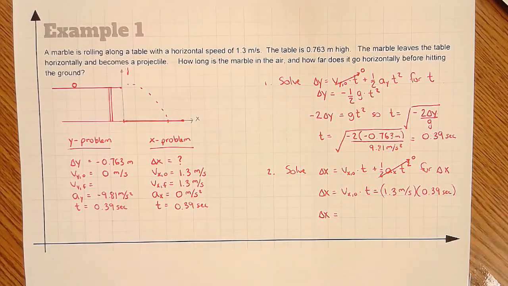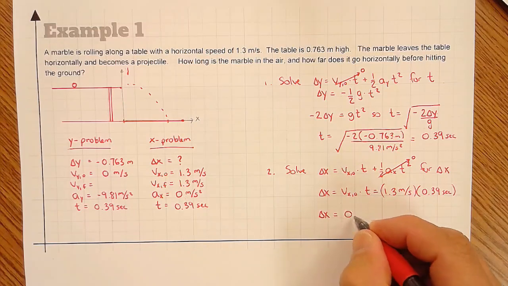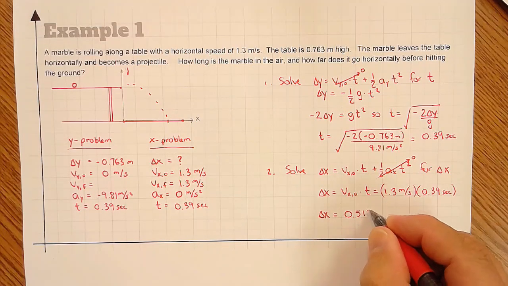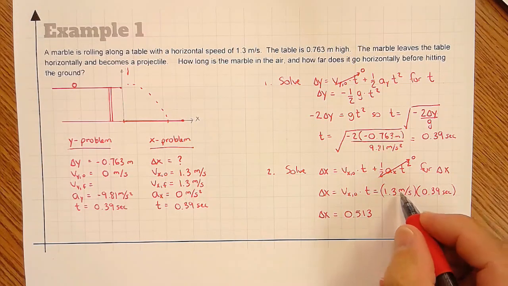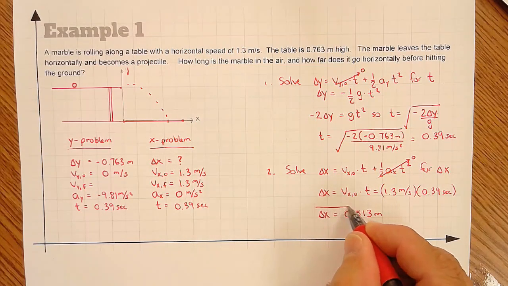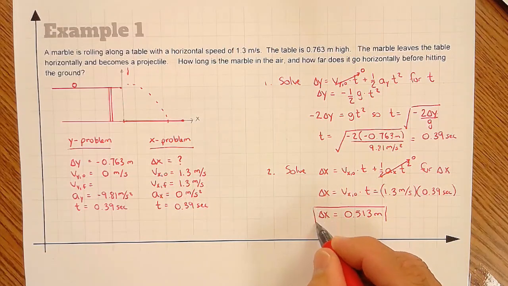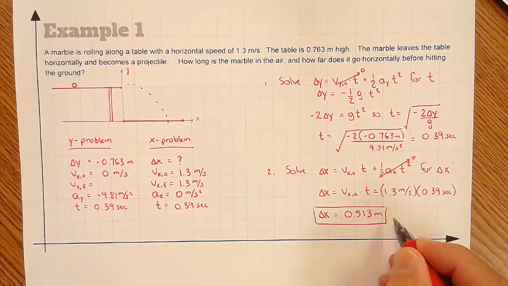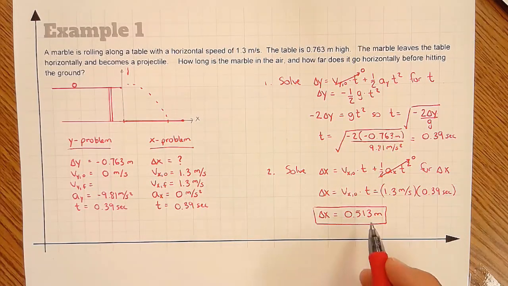And so I can plug that into my calculator and get a value of 0.513, and that is going to be meters per second times second gives us meters. So the horizontal distance that the ball travels after leaving the table is 0.513 meters. Okay, so that's how we solve a projectile problem.